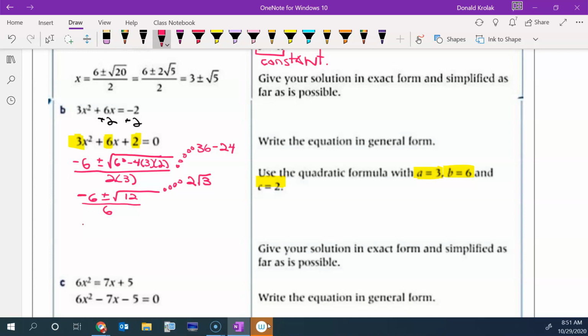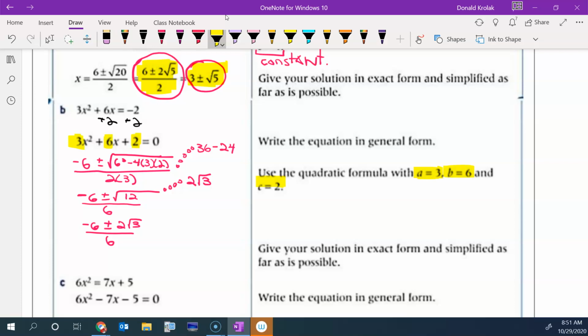Okay. So now what we end up with is 6 plus or minus 2 root 3 over 6. Again, most people don't have any problem getting to this part. What gets confusing is getting from that to this sometimes. So how do you get from this to this?